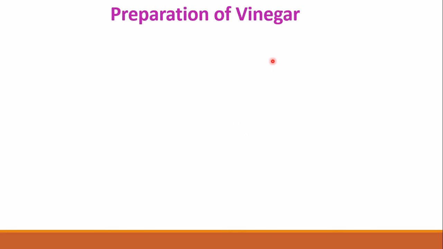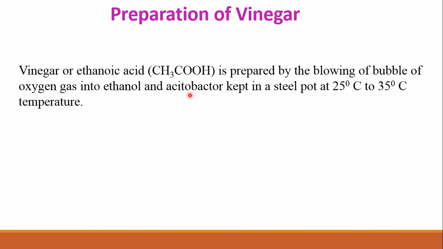Preparation of vinegar. How is vinegar prepared? Vinegar or ethanoic acid is prepared by blowing bubbles of oxygen gas into ethanol and Acetobacter kept in a steel pot at 25 degrees Celsius to 35 degrees Celsius temperature.